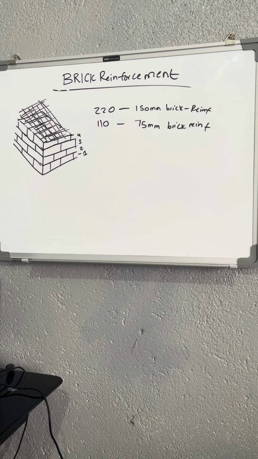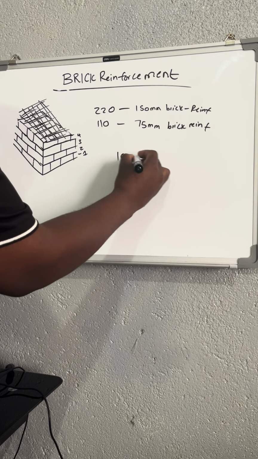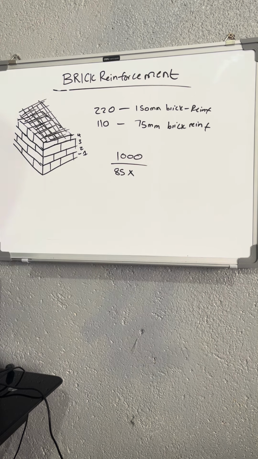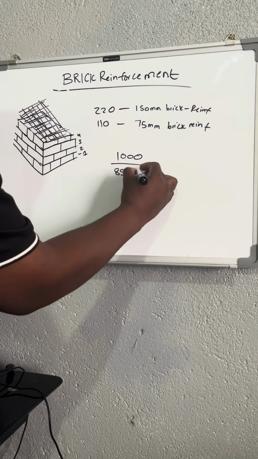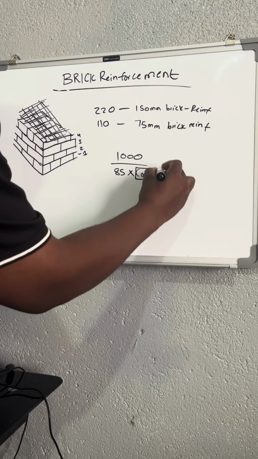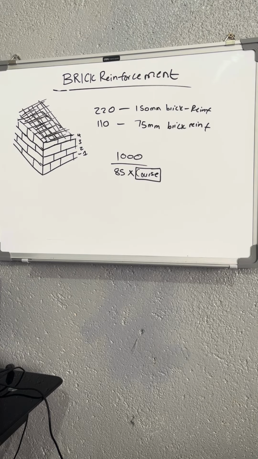So now we have this important formula that we use to determine a working factor for the brick reinforcement. It's given as 1000 over 85 multiplied by the course. You have to pay attention: the course is what you will always be given.